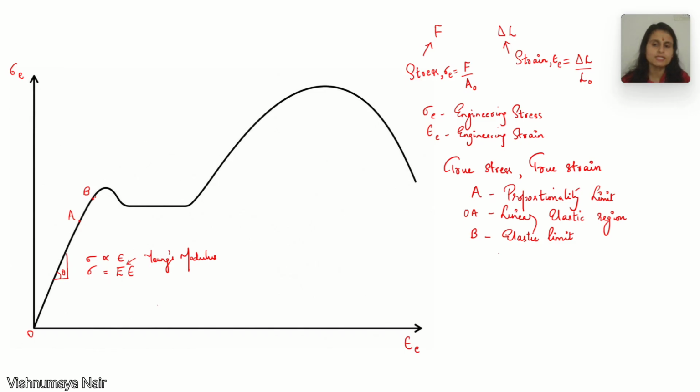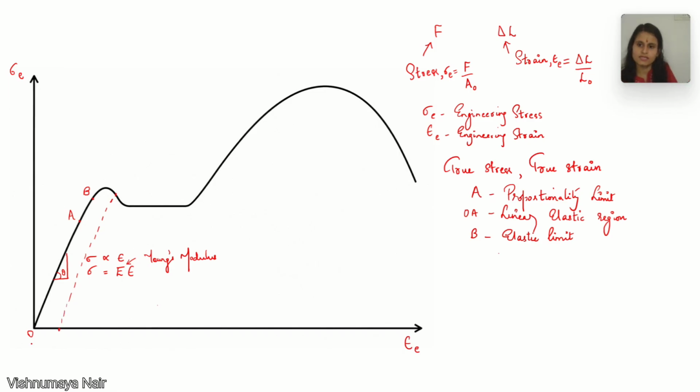So if we stretch the specimen beyond point B, and if we release the tension, then there will be some amount of residual deformation in the specimen. Suppose after reaching this point, if I release the tension, the specimen comes back through this line and it reaches here.